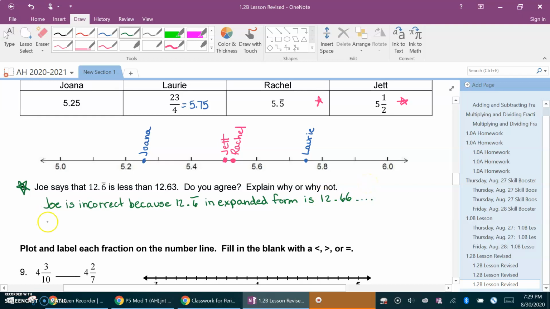When comparing the hundredths place, because that is going to be where the numbers break apart. So when comparing our hundredths place, and the spelling on hundredths is important to make sure that we have the THS at the end, we know that 6 is larger than 3.